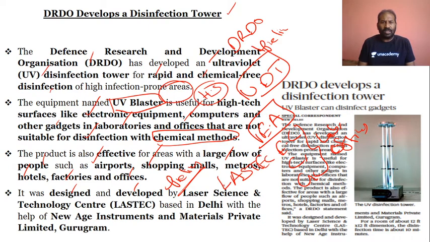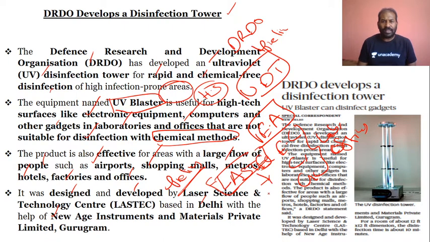So the ultraviolet disinfection tower, or UV tower, is designed and developed by the Laser Science and Technological Center, which is based in Delhi, in association with New Age Instruments and Materials Private Limited.